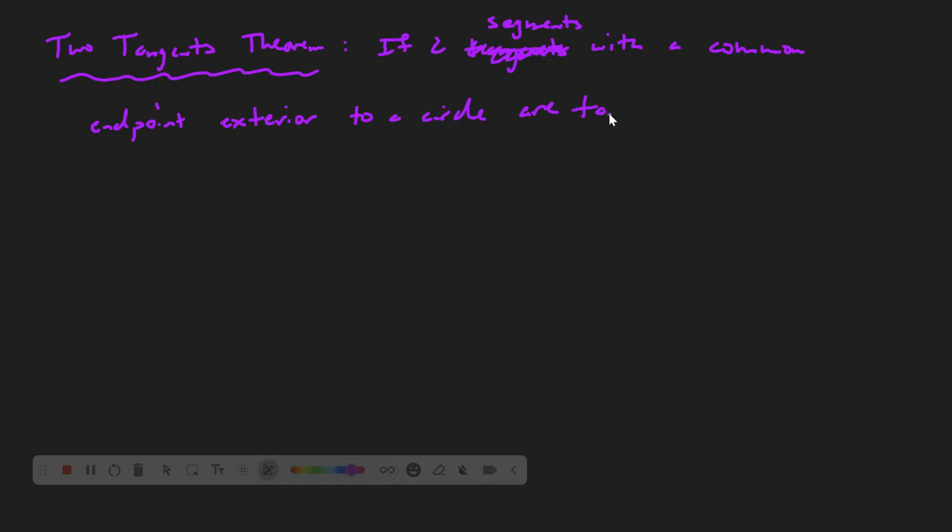Sorry, I was like, what am I writing? If two segments, I apologize. If two segments with a common endpoint exterior to a circle are tangent to the circle, that's a mouthful, then the segments are congruent.